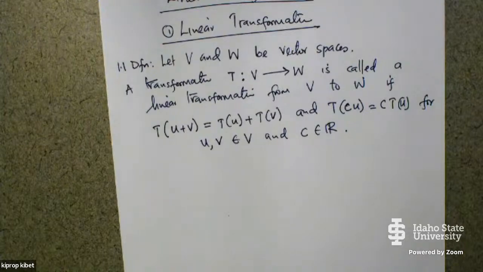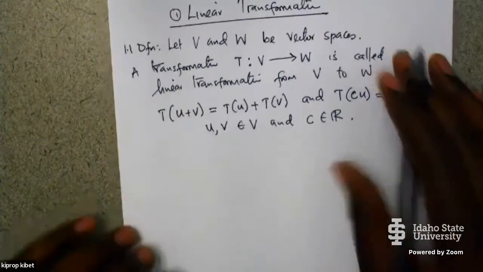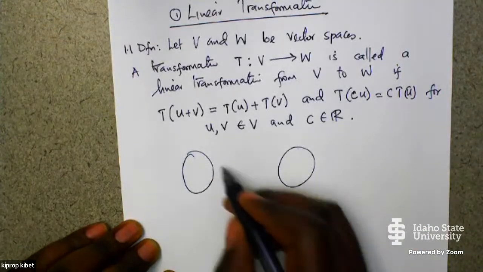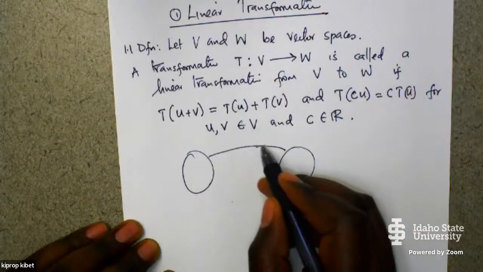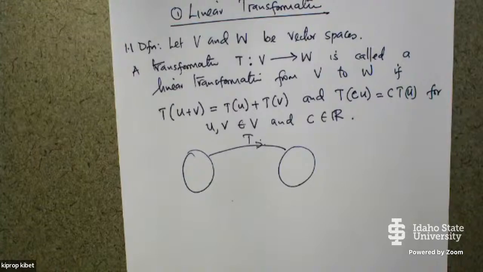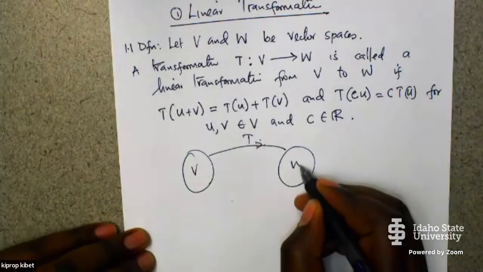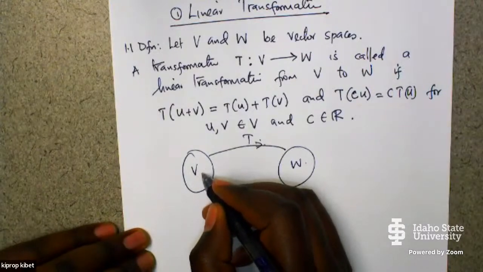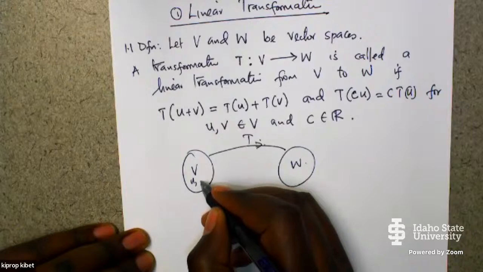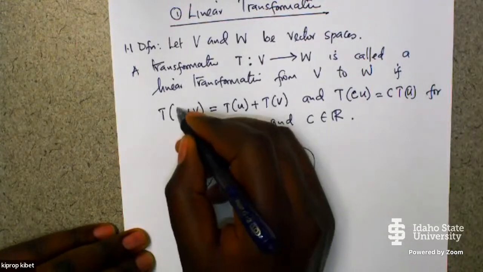Say we have this and that, okay? So there is a transformation here. There is a bridge here, which you can use as T. Then if we have the elements here, which is V and this one is W, and the elements here, let's say U and V, these are actually vectors.